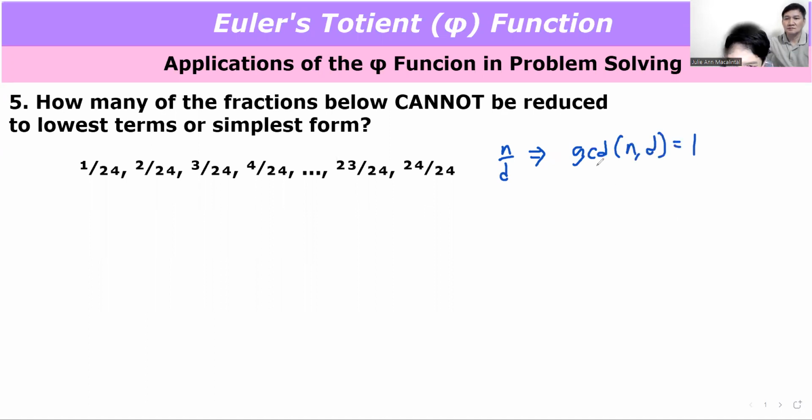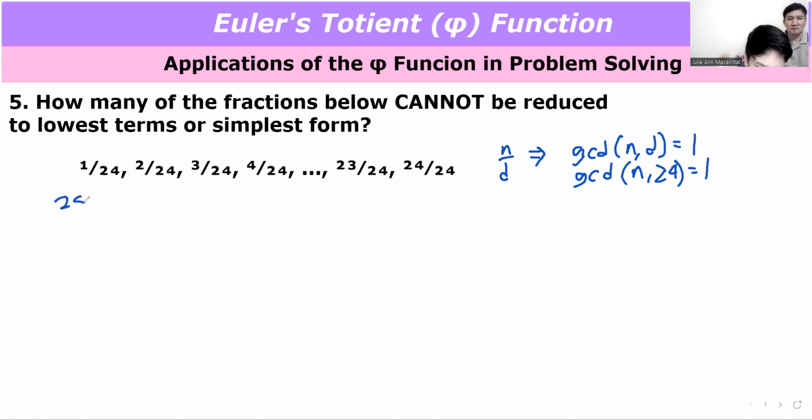They share no common factors, which is the very definition of being in simplest terms. In this case, the denominator is 24, so the GCD of any numerator of these fractions already in simplest form with 24 is of course 1.